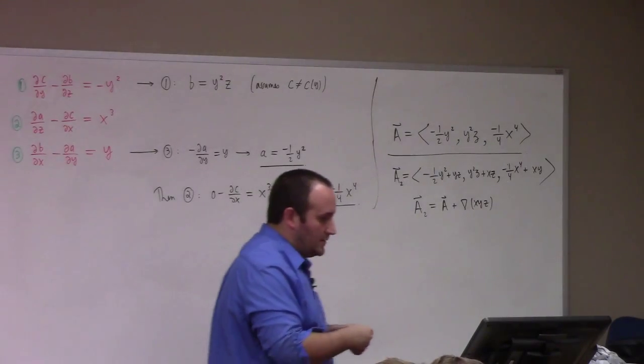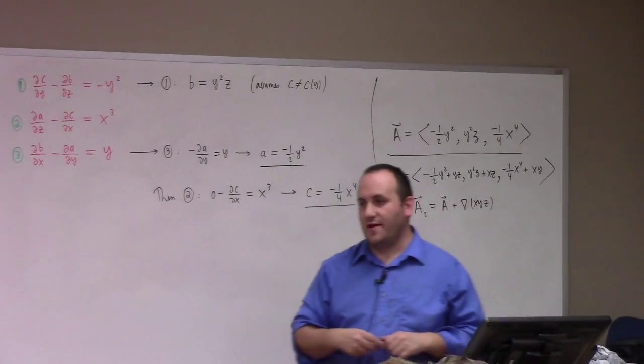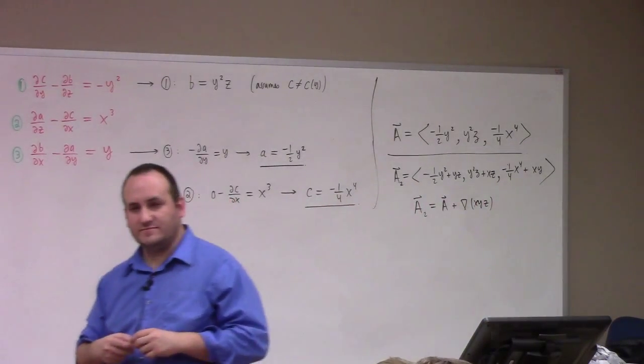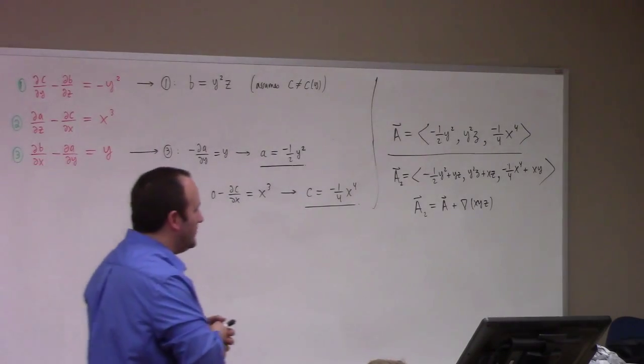But anyway, oh, it's 4 o'clock. Wait a minute, we still have 5 minutes, yes? Yes, sir. Also, for your A, B, and C there, you could add any function of x to any function of y to any function of z. Pretty much.